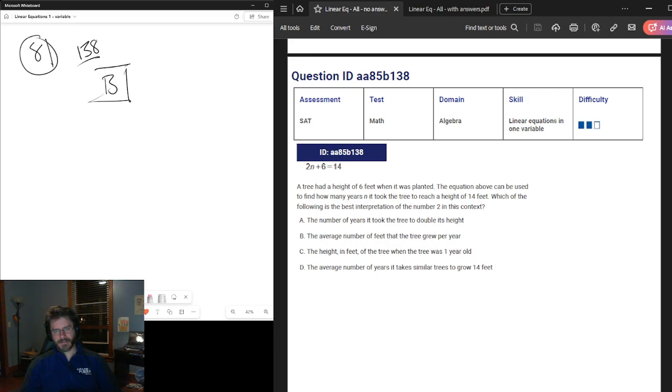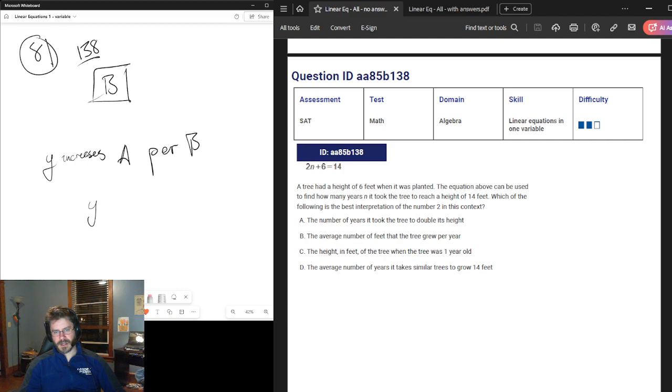Yeah, that's a rate. Conceptual questions are very easy, but you've got to think about what it is. What is the concept that you're looking for here? The slope is a rate of growth. And that's literally what B is telling us. It's the number of feet that it grew per year. That word per, A per B, means that Y goes up A for each B value.